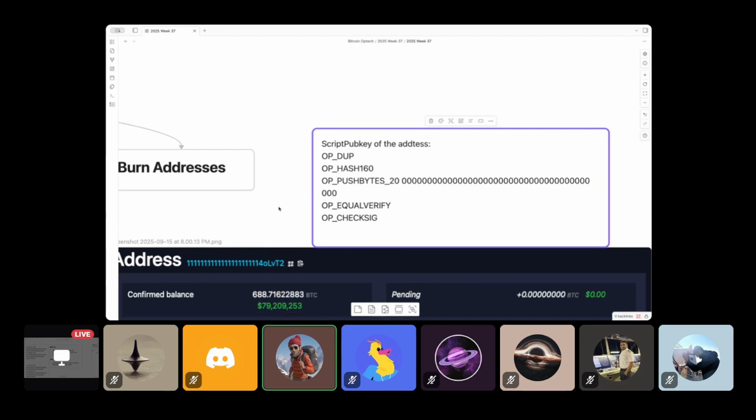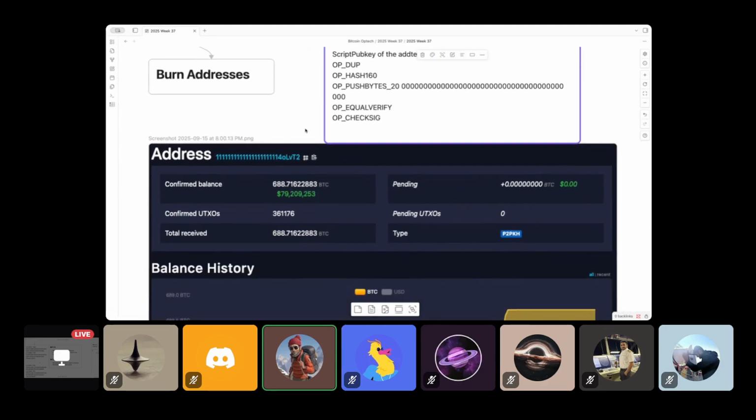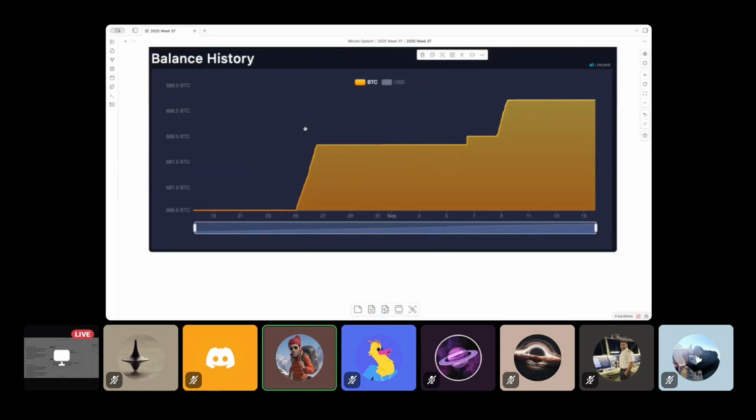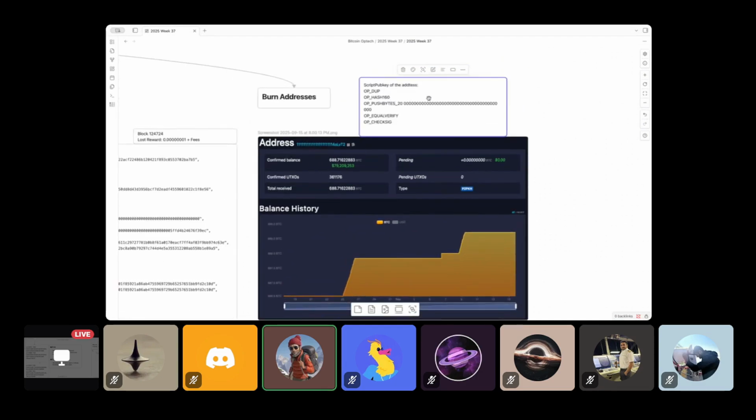Obviously you cannot produce a hash160 with zeros, so there is no number that can give you a 20-byte hash of zeros. So you can never sign this transaction and spend from it. This address is still live. If you want to burn some BTC, you can send to this address.